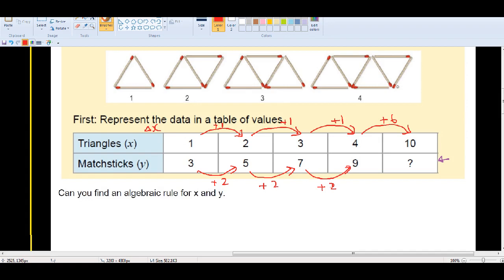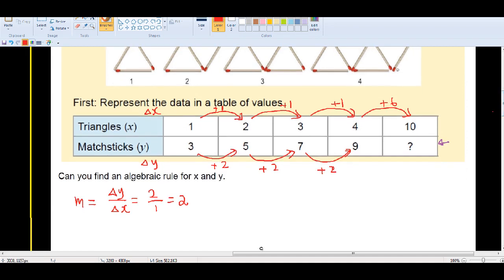They are always increased by 2. So when x is increased by 1, y is increased by 2. So that's delta y. Basically you could find m by using delta y over delta x, which is 2 divided by 1, which is 2.